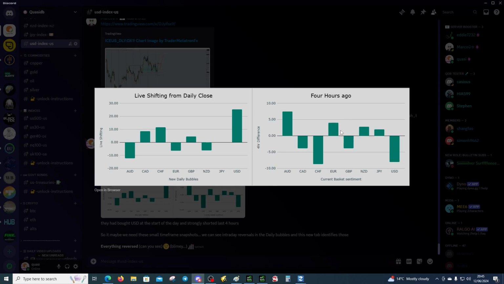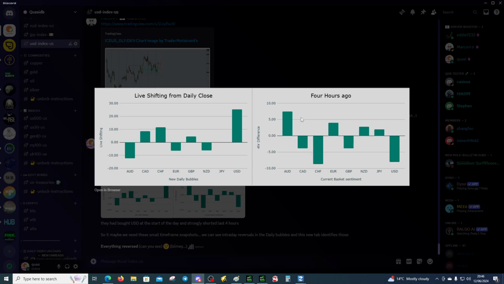See, Euro, Pound switch places there. So that would have meant the Euro, Pound would have been quite tricky today. New Zealand dollar reversed. Yen didn't move from its daily close, but moved ever so slightly in 4 hours, and obviously we saw that reversal in the dollar. So it just tells us that we had a U-turn on everything today.